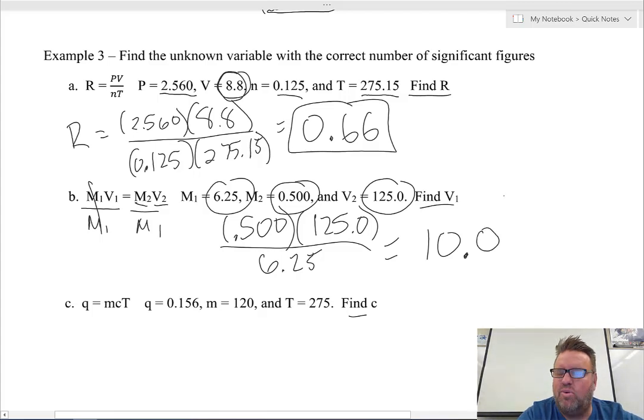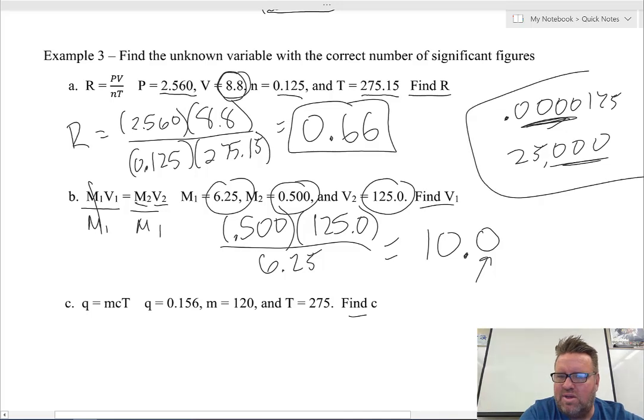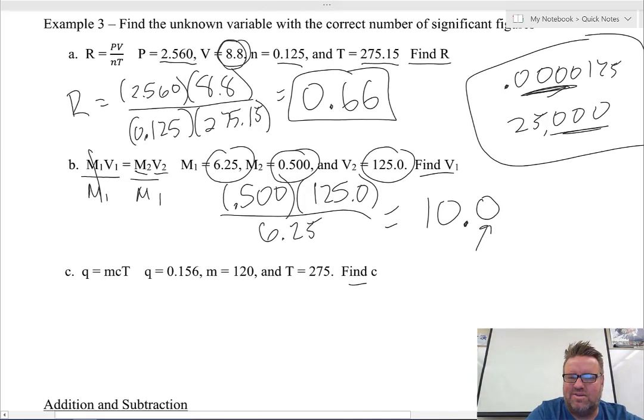Okay, and 10.0 is your way to have 3 significant figures. Because remember, that's a final 0 after the decimal point, so it counts. Remember, the only time zeros don't count are these zeros right here, those don't count, and like these zeros right here with no decimal point. That's the only time zeros don't count. So in that case, yes, that 0 counts.